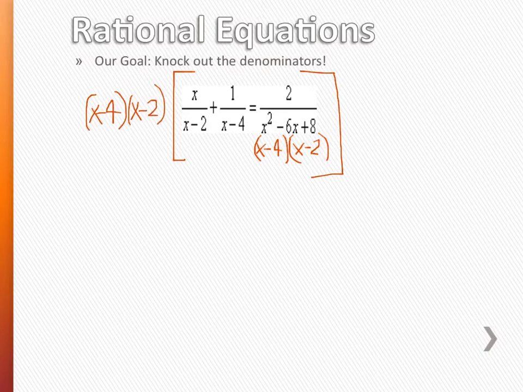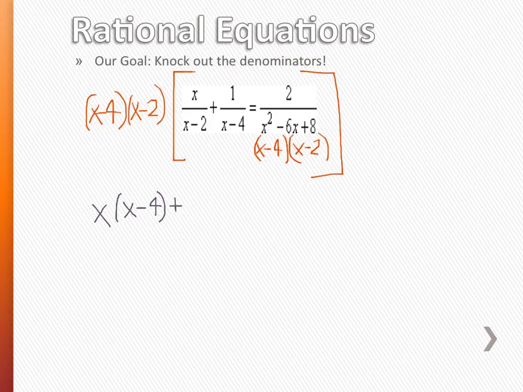Doing so, we want to take a look at our first fraction part here, which is x over x minus 2. Right away we can see that x minus 2 would cancel out, which would leave us with an x times x minus 4.